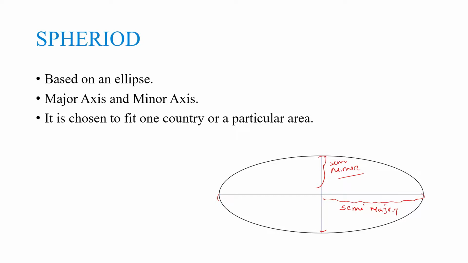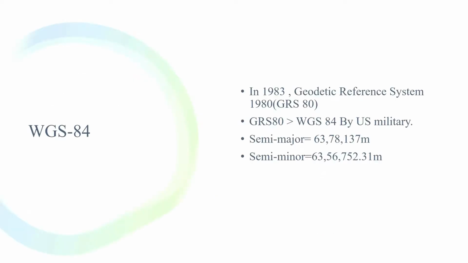Okay, so next we come to WGS. I think everybody knows about the WGS. In 1983, a geodetic reference system was developed. Actually, it's known as GRS-80. Why is it GRS-80? Because the measurement was done in 1980.